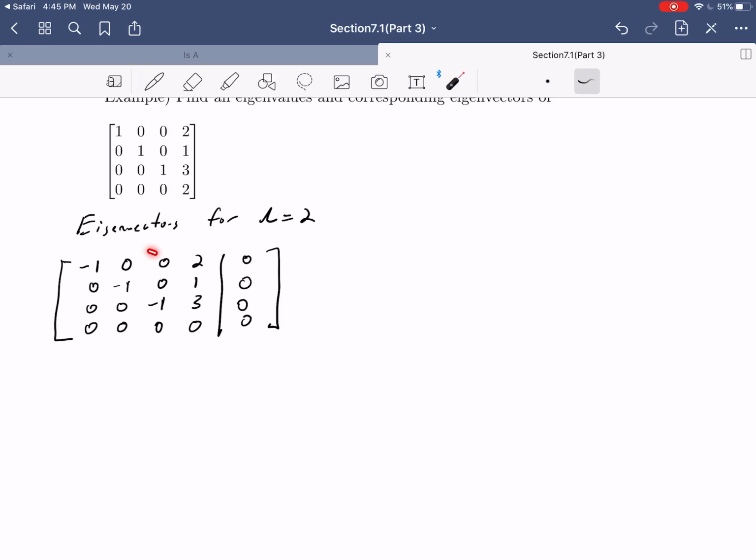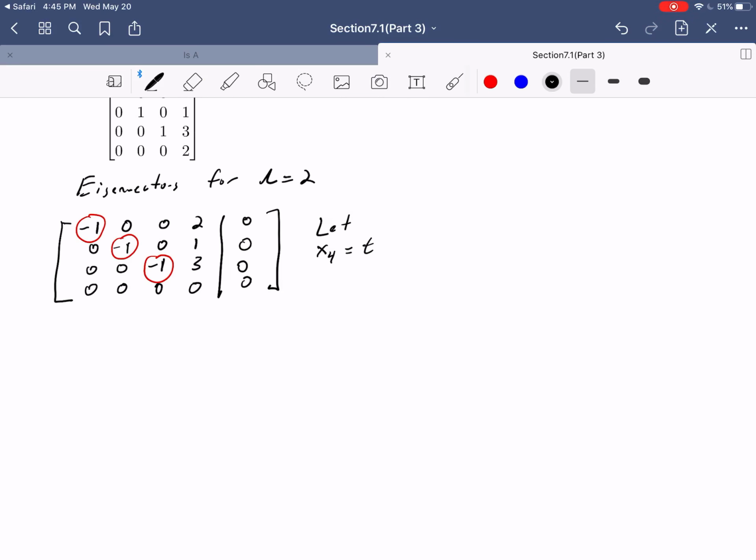Interestingly enough, this is already in row echelon form. So we would avoid parameterizing x1, x2, and x3, and let x4 be equal to t. Then this equation tells us that negative x3 plus 3x4 is 0.